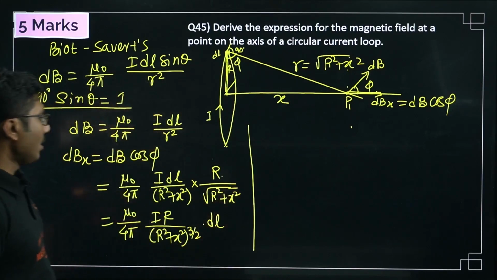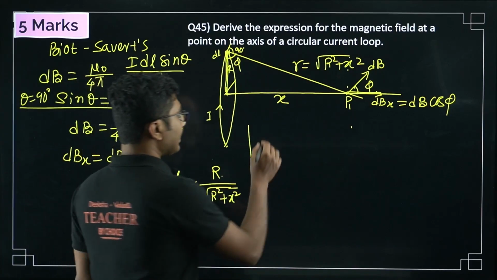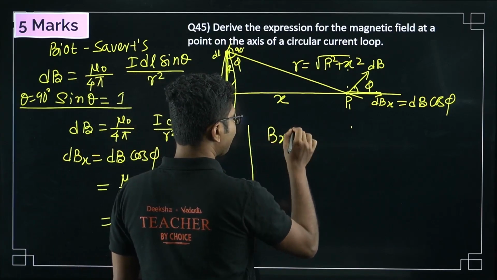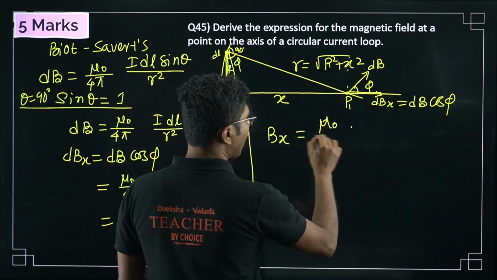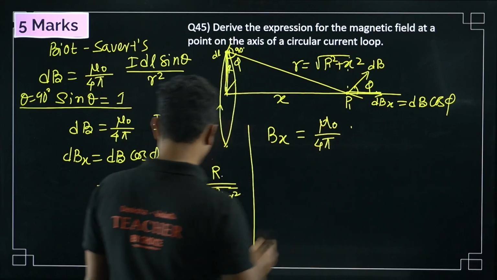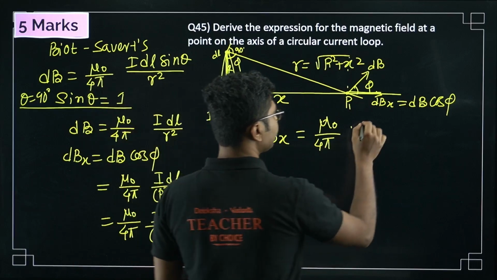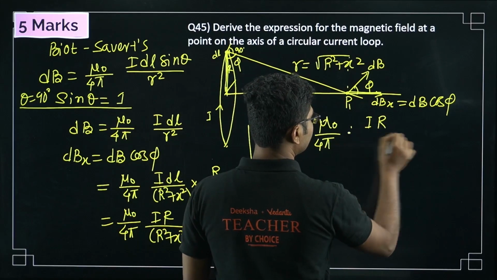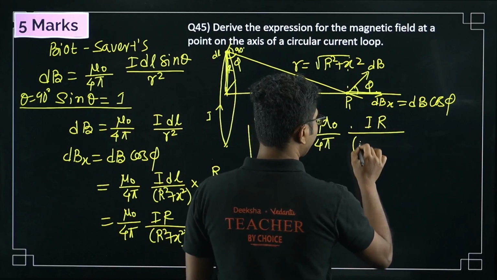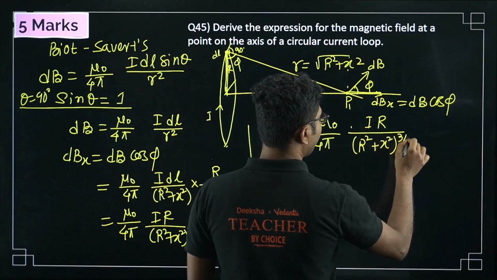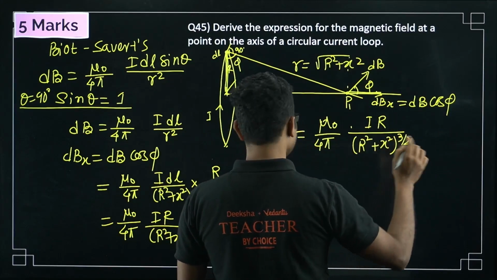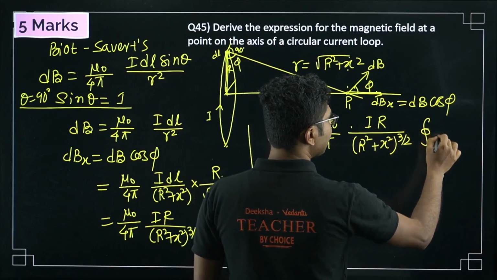Now we have to do the integration to calculate Bx. So in the integration, mu naught by 4 pi is constant, then I r by r square plus x square to the power 3 by 2 is also constant, nothing is changing. The only thing that is changing is dl.